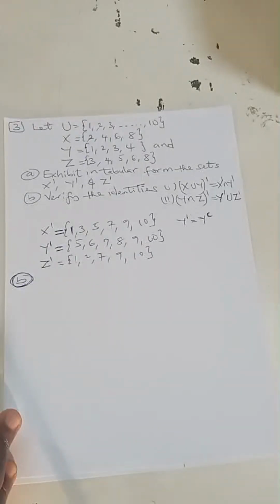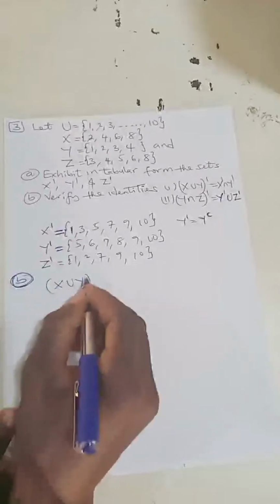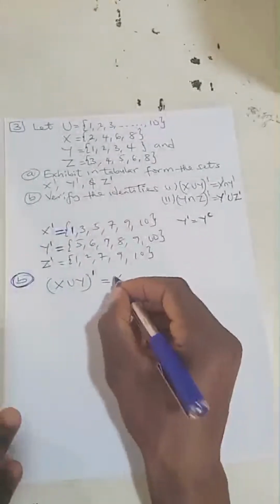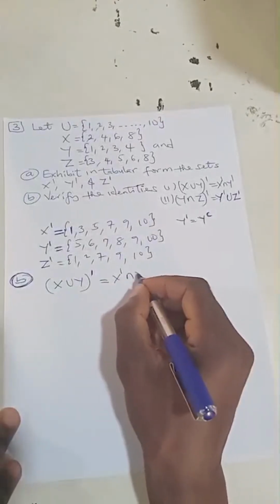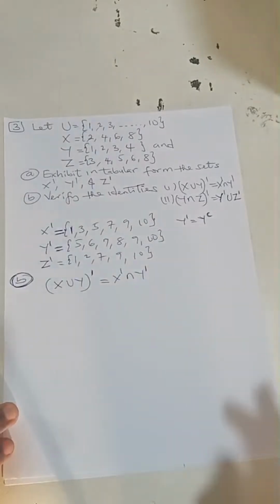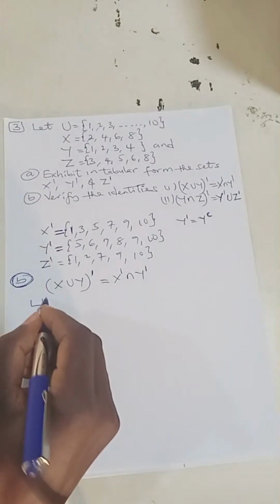We're told to verify the identity to show that X union Y complement is equal to what? Is equal to X complement intersect Y complement. That's what we are trying to show. And that's very simple. The first thing we are going to do, we are going to start from the left-hand side.